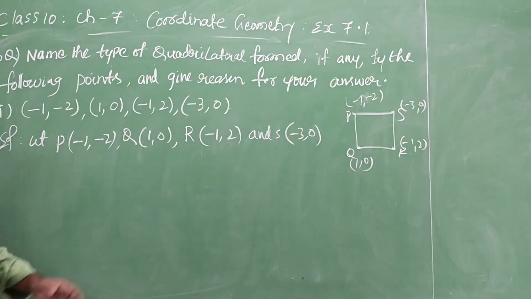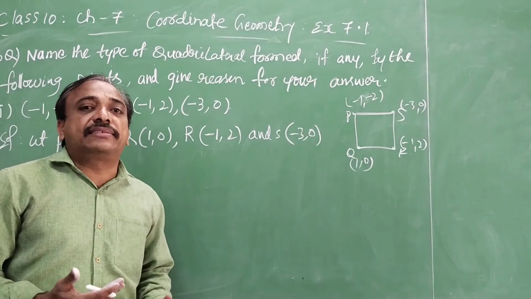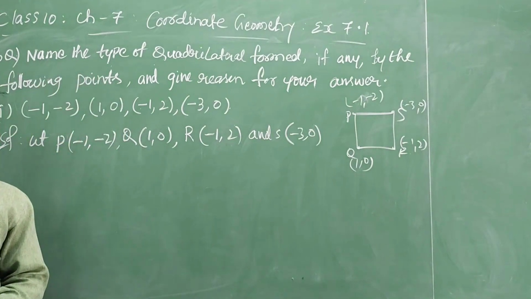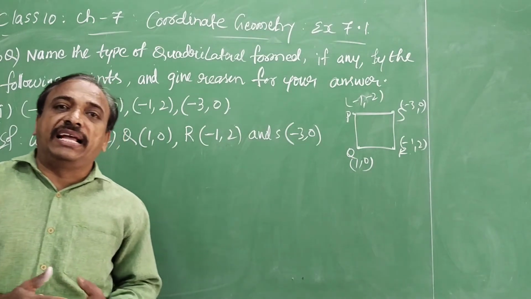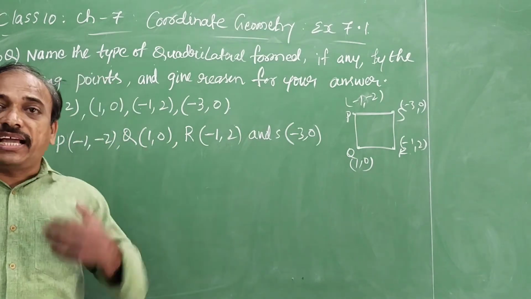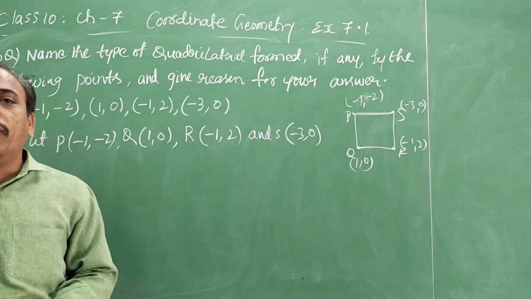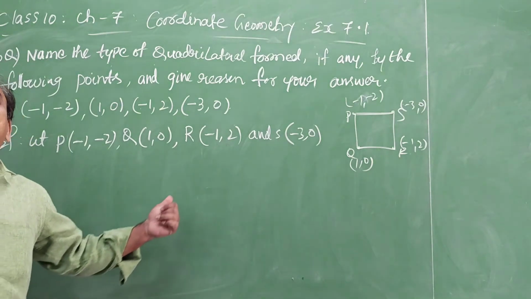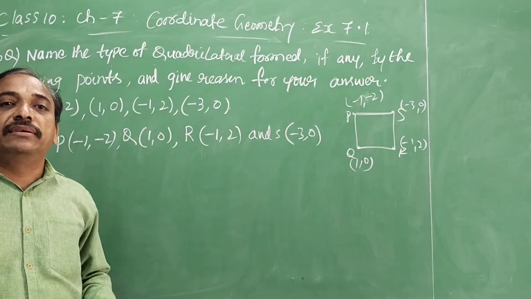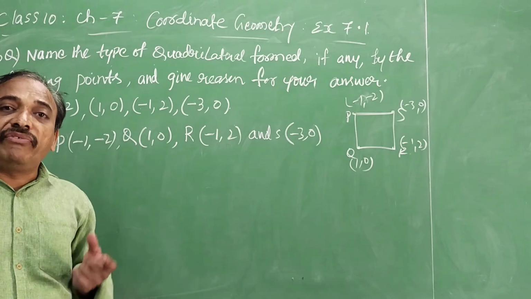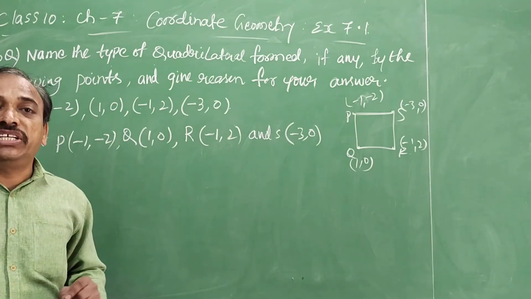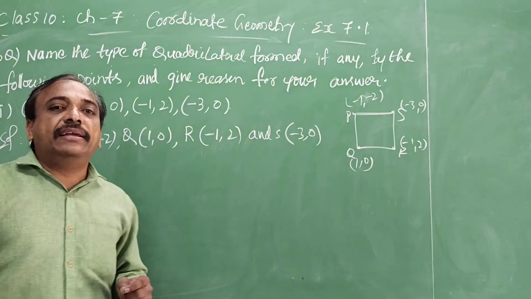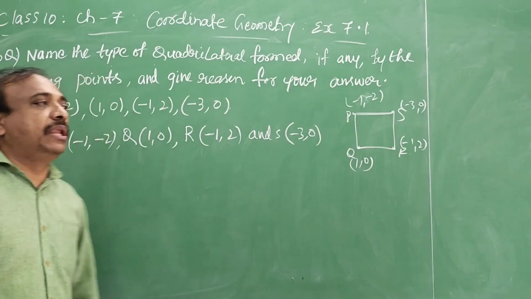Now, how do we know whether the lengths of adjacent sides or opposite sides of a quadrilateral are equal? By measuring the length. But can we measure with the coordinates? No, it's not possible to measure with the coordinates, but we have an opportunity to find the length by using the distance formula.